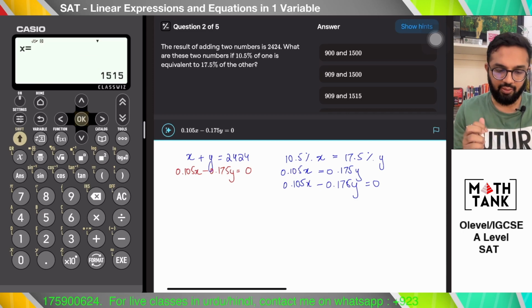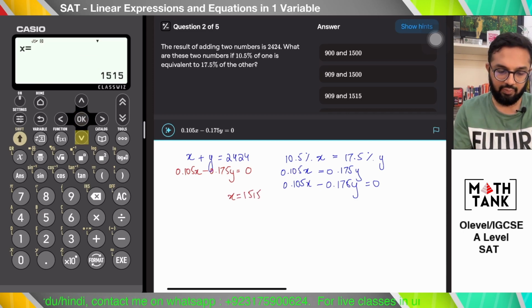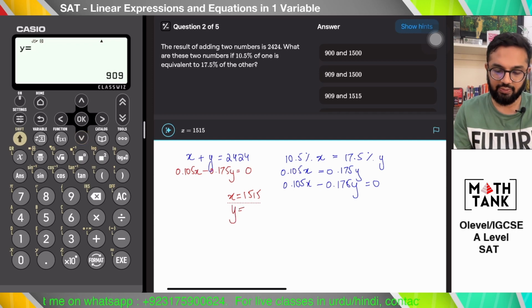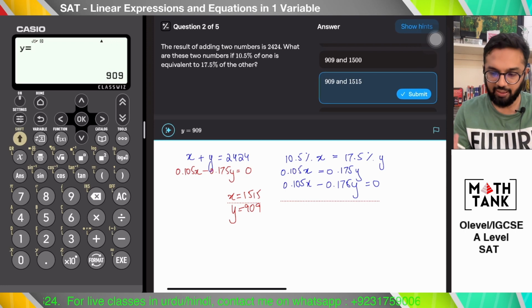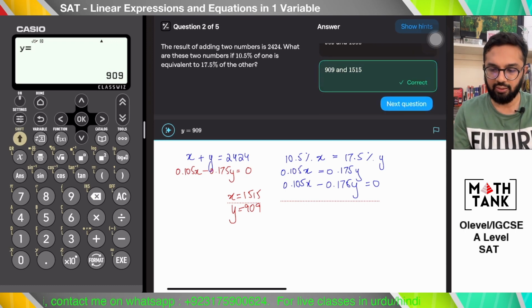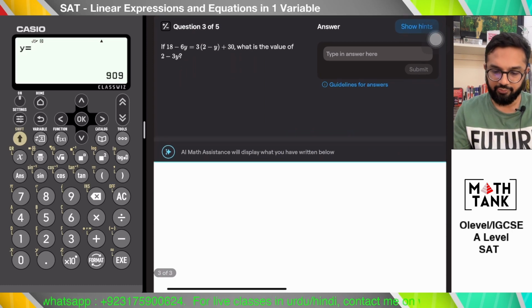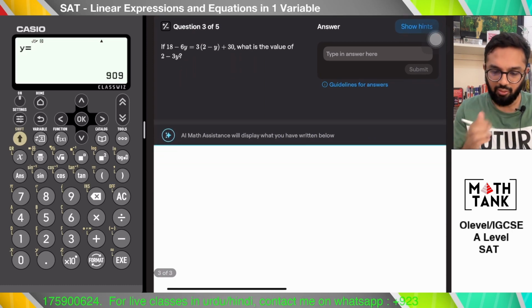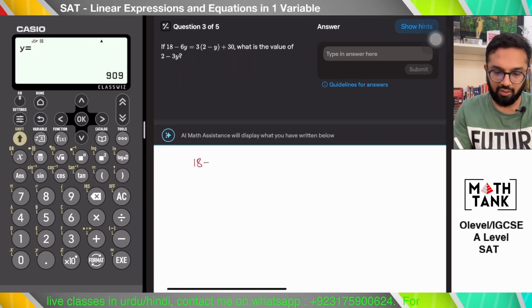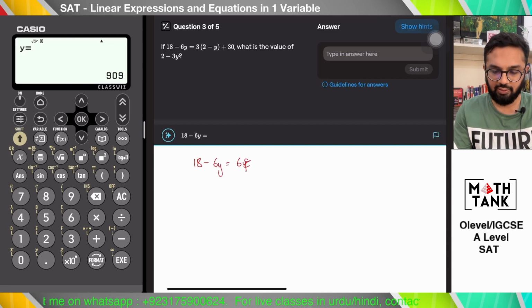There's 0. So x comes out as 1515 and y comes out as 909. I could have done all of this manually as well, but since I have my calculator, I can do this on my calculator. Okay, so 18 minus 6y equals 3 times 2, which is 6.